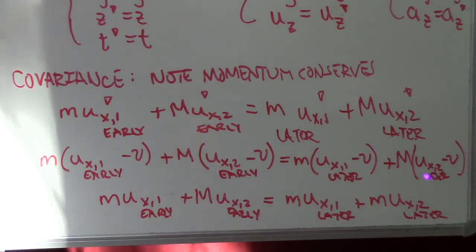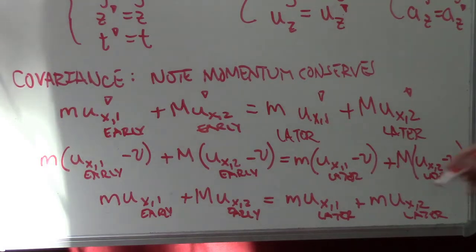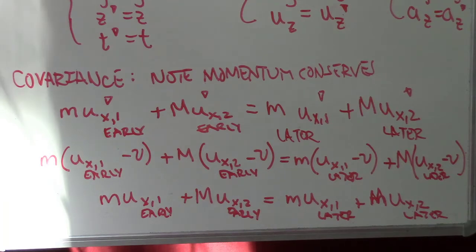And so I can add that to both sides and they cancel, yielding that m ux1 earlier plus big M ux2 earlier is equal to m ux1 later plus big M ux2 later. Hopefully that's all right.